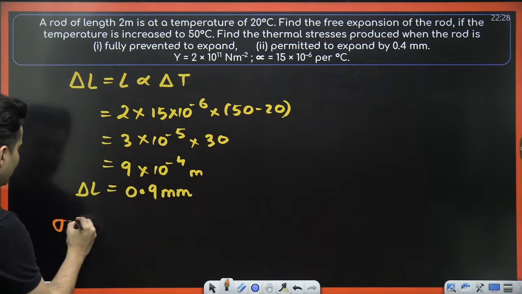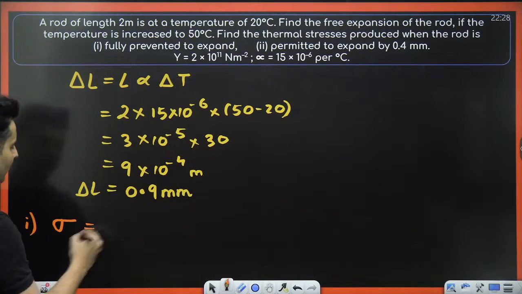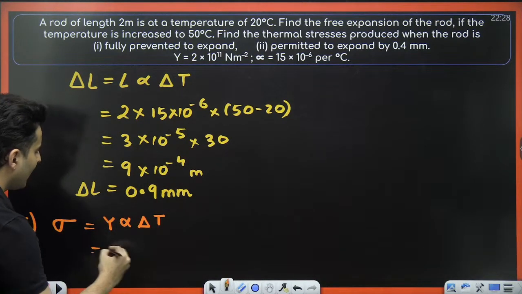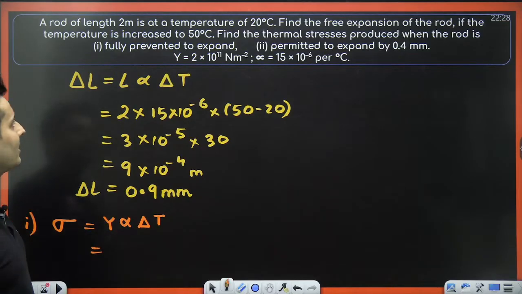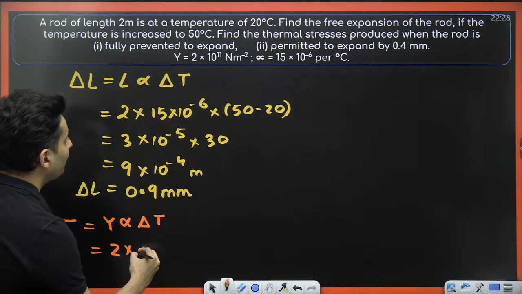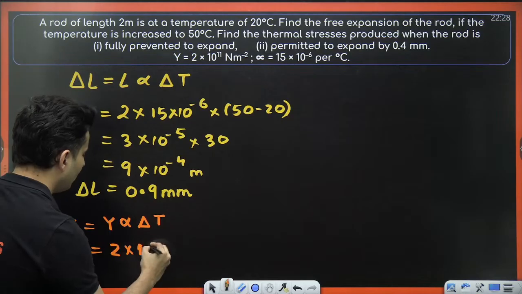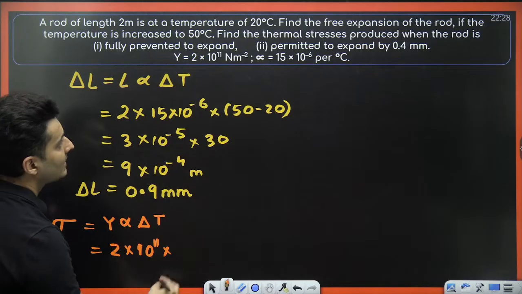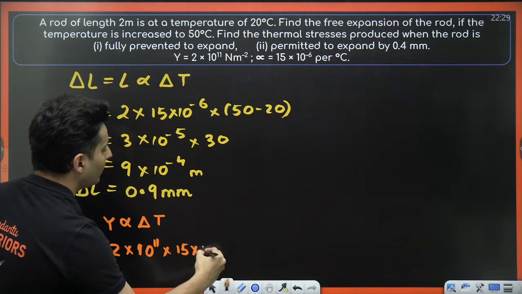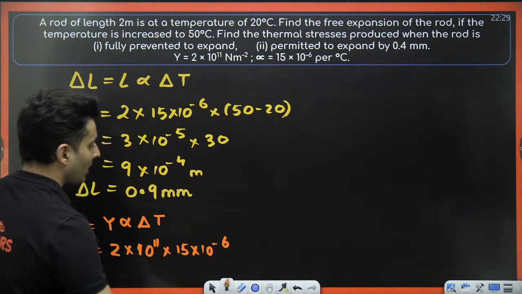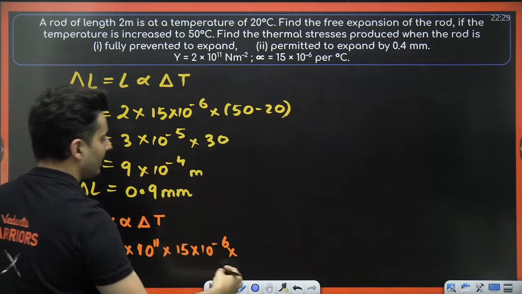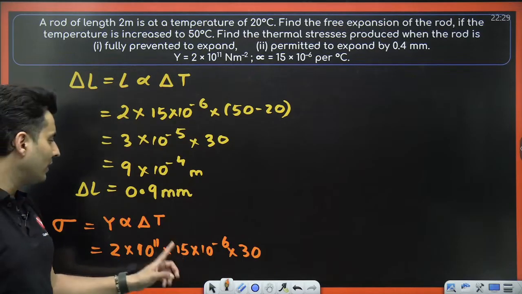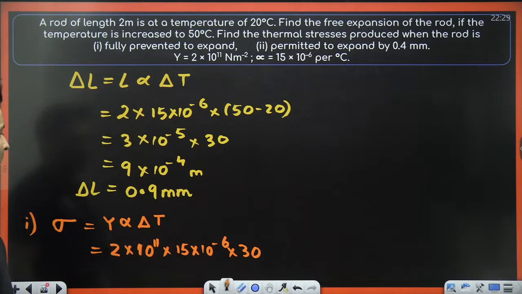Now, for the first part, when it is fully prevented from expanding, the thermal stress will be given by Y alpha delta T. What is the Young's modulus? 2 into 10 to the power 11. Alpha is 15 into 10 to the power minus 6, into delta T, which is 30. 2 into 15 is 30, 30 into 30 is 900.